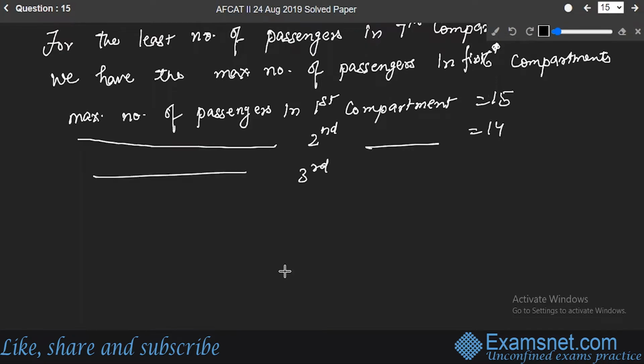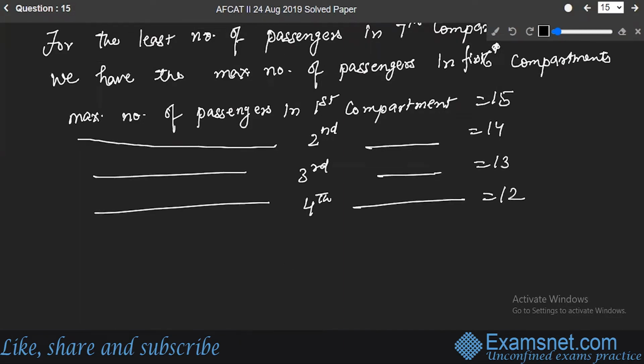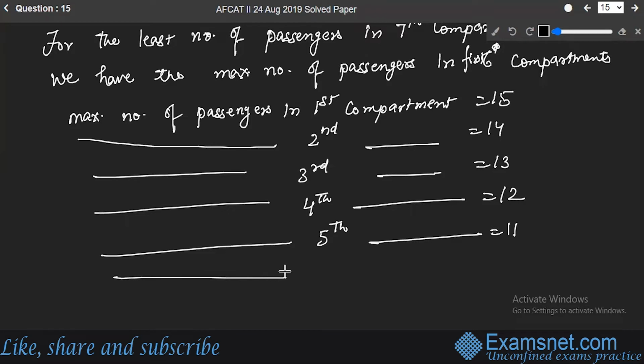For the third, it will be 13. For the fourth, it is 12. Fifth, it is 11. And for the sixth one, this is equal to 10.